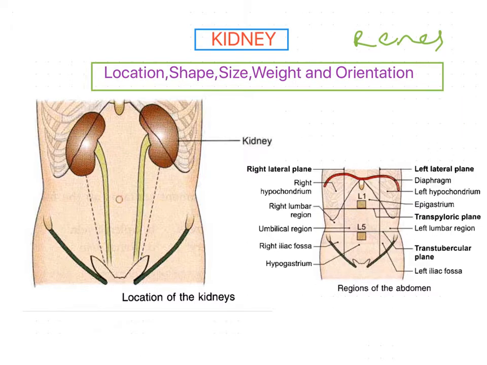If you see the definition of the kidney, they are a pair of excretory organs situated on the posterior abdominal wall on each side of the vertebral column.